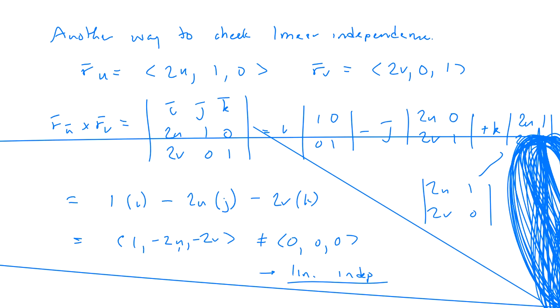Okay. So this is the second way of doing it. Obviously, the easier way is the way we did it before, which is obviously RU is not a constant multiple of RV, and we're done. So in some sense, this way of doing it is silly if all we're doing is checking to see if they're linearly independent. But we'll see that we do want to do it this way for the next section.